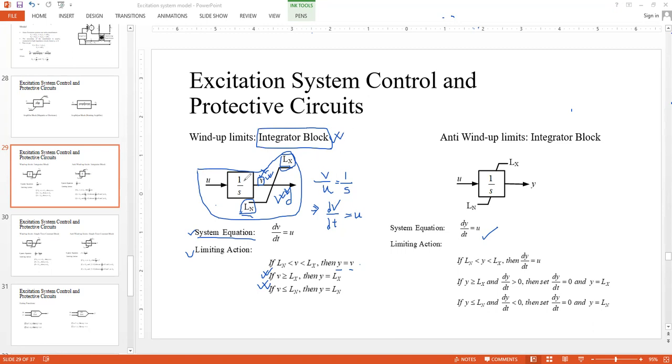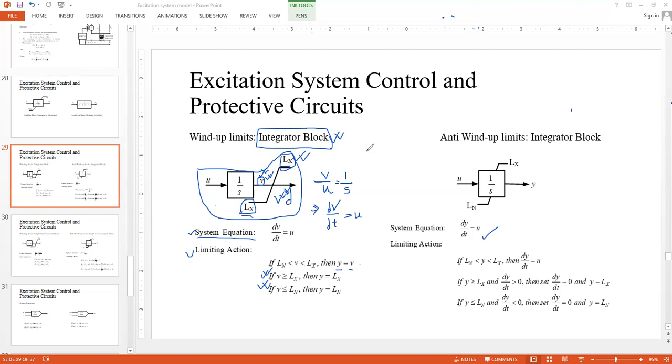We could use these blocks, either the integrator or the blocks that are going to come, the single time constant transfer function, or the lead lag blocks. All these limits are associated with the physical constraints imposed on the operation of those devices.